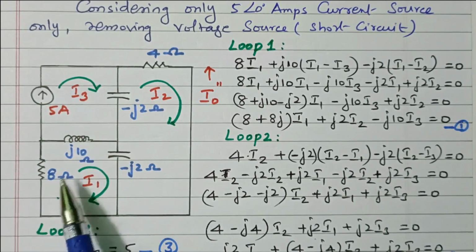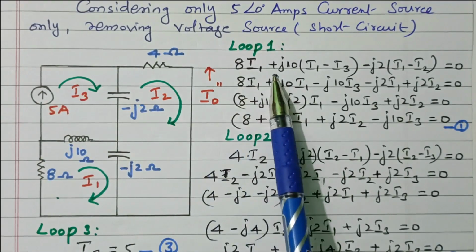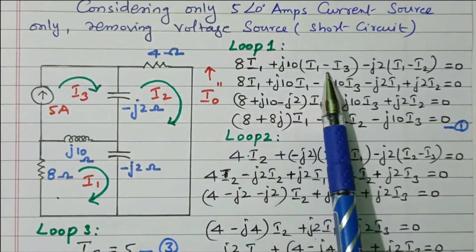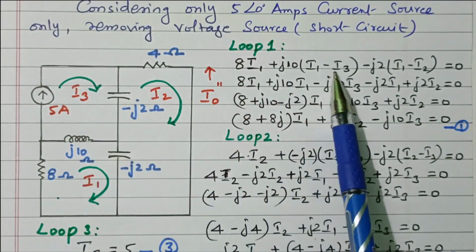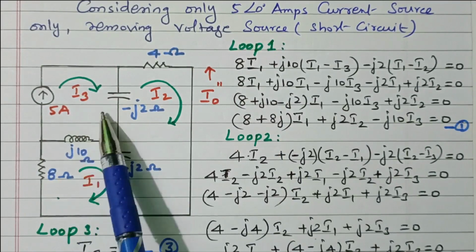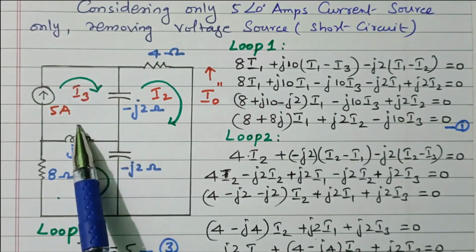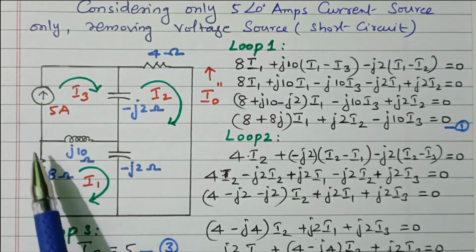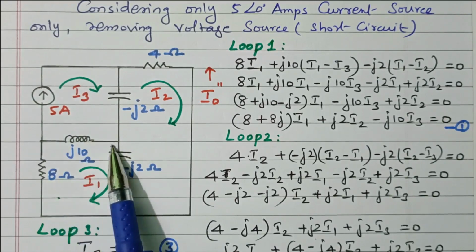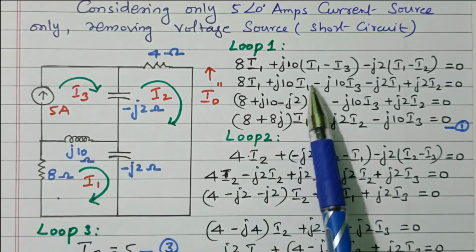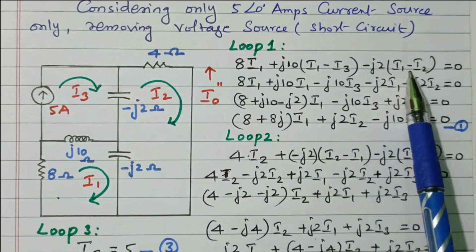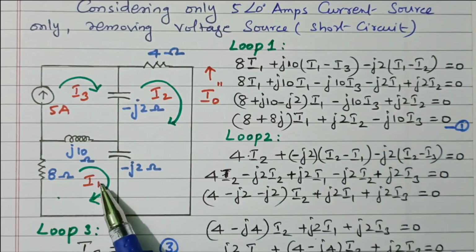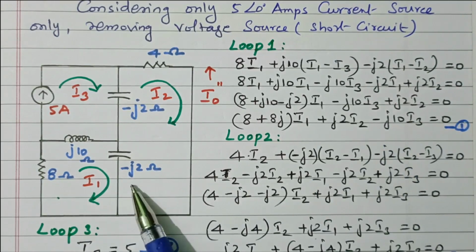Based on that, 8 into I1 plus J10 into (I1 minus I3), the inductor connected between loops 1 and 3, is minus, because see, the directions are different. This is flowing towards the left, this is going towards the right, so both are in opposite directions. So I1 minus I3. Similarly minus J2 into (I1 minus I2), this capacitor connected between the first loop and second loop.